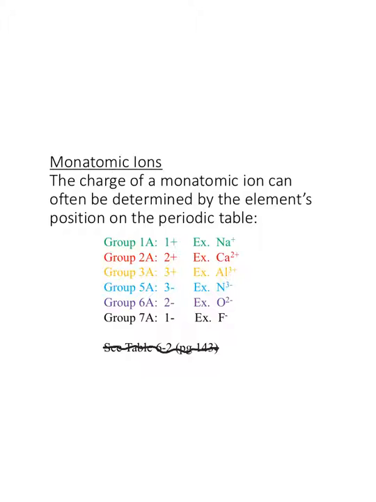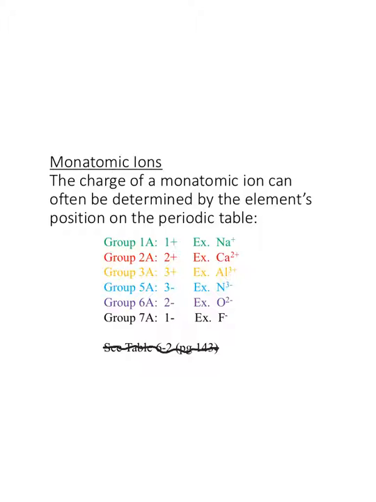And then vice versa, we start flipping. As we hit group 5, they're going to gain 3 electrons, so they're going to have a 3- charge. Group 6 will always gain 2 electrons, so it'll have a 2- charge. Group 7 will always gain 1 electron and have a 1- charge.